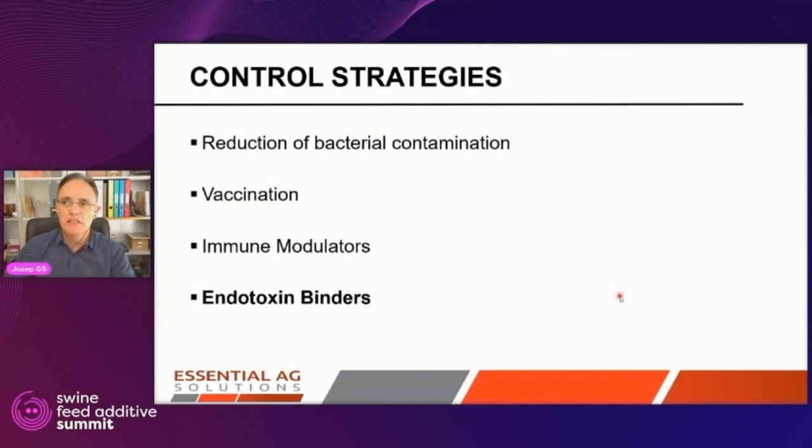So the idea is that the product binds to the endotoxin and stops it from binding to the receptor that triggers the inflammation reaction, and then the whole bound molecule of LPS plus binder gets excreted, because this whole complex is very big. The LPS does not go airborne or anything, so you basically stop the action of LPS. Same kind of mechanism of action, same approach as with mycotoxin mitigation.